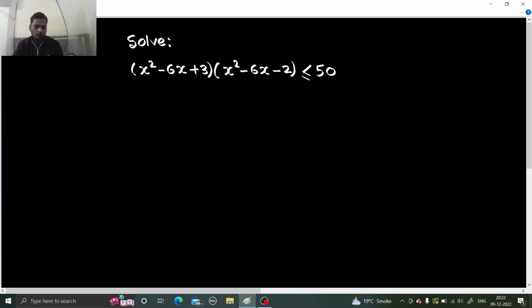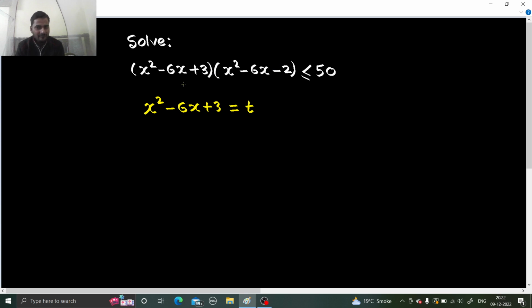So what I'm saying is, x square minus 6x plus 3, you can take the other bracket also. If I take this equal to any other variable t, can I write my other bracket in terms of t? Because this is plus 3, that is minus 2.